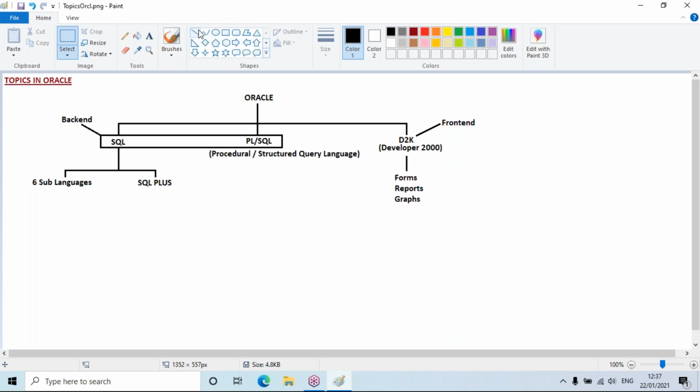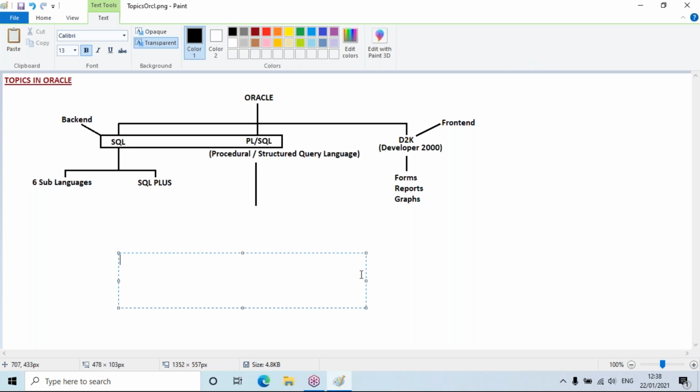Now, what does PL/SQL contain? Here comes the answer. PL/SQL is always a combination of two things: SQL plus procedural features.